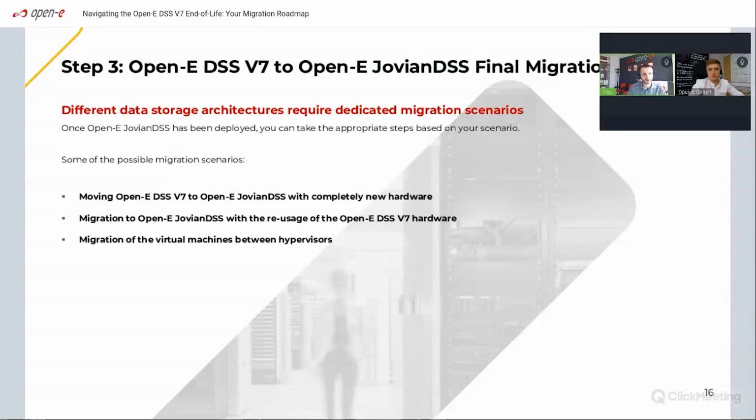As a final footnote, just a few words about the possible scenarios regarding the migration. So scenario one, I think, is if somebody is interested in moving the Open-E DSS V7 single node to Open-E JovianDSS on new hardware.